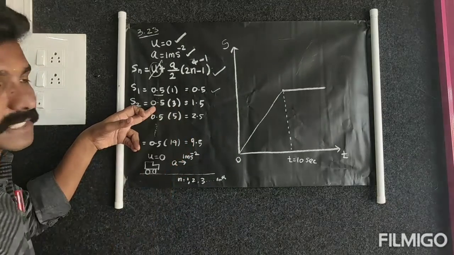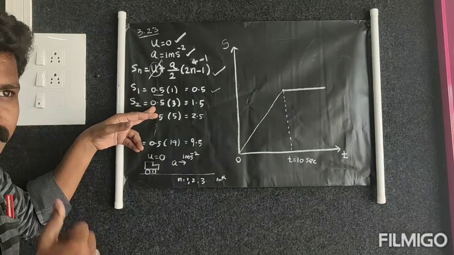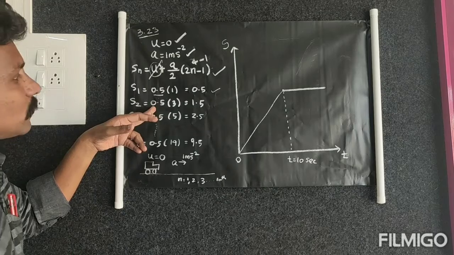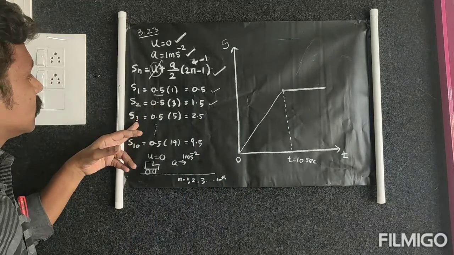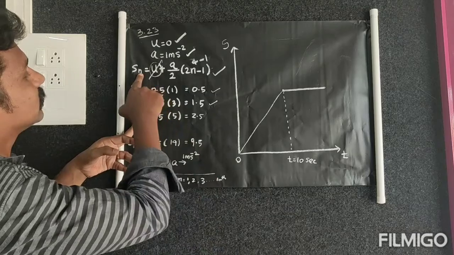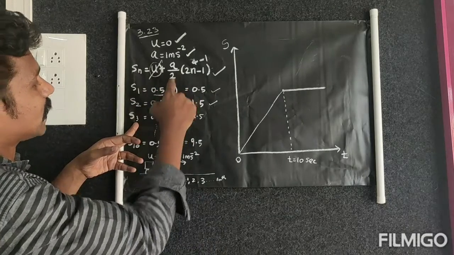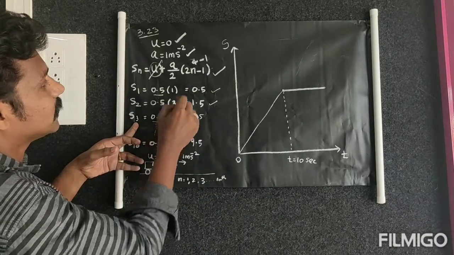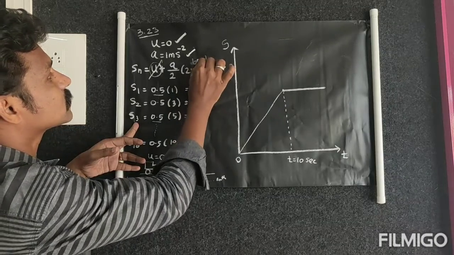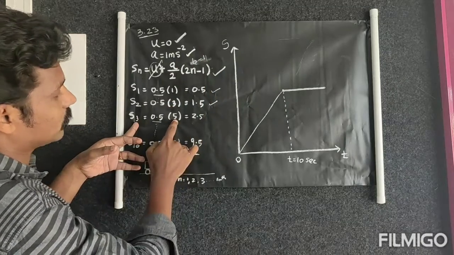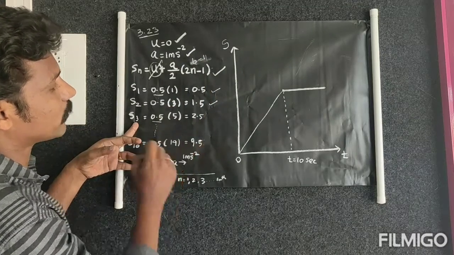So 0.5 into 3 is 1.5. Next, the third second: 0.5, then 2 into 3 is 6, 6 minus 1 is 5, and 5 into 0.5 is 2.5.